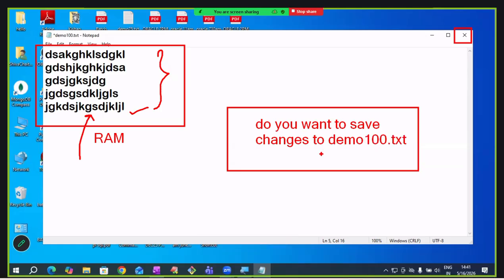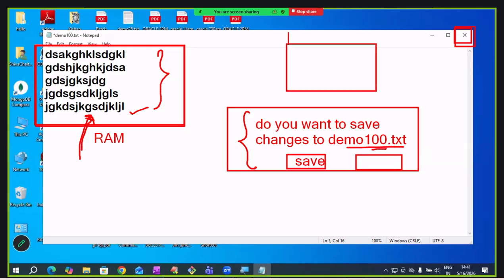This message we get, with save and don't save buttons. Because this data is stored in the RAM, which means temporary, if you close this window, it asks whether you want to save changes to demo 100.txt or not. This demo 100.txt file is created in the hard disk.